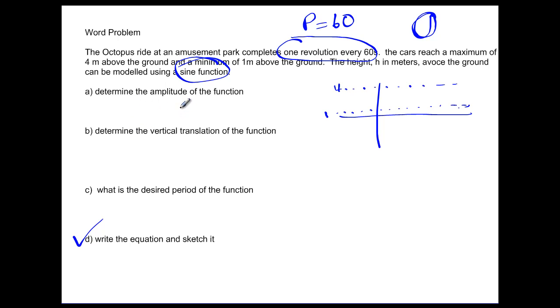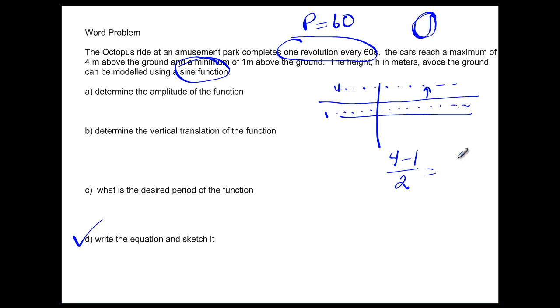This time it asks us amplitude. Well, amplitude is the distance from the midline to the max point. So it's kind of that halfway point right here. So if that's the midline, the amplitude is this distance here. So how do we figure that out? Well, we can take the max point and subtract the min point and divide by 2.